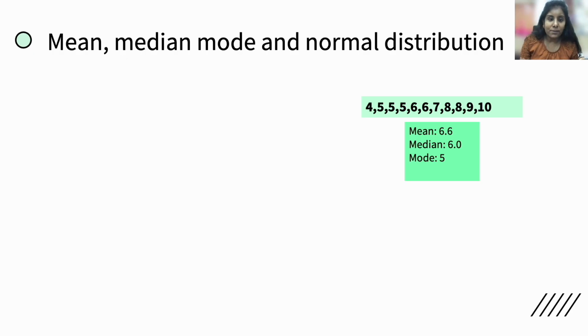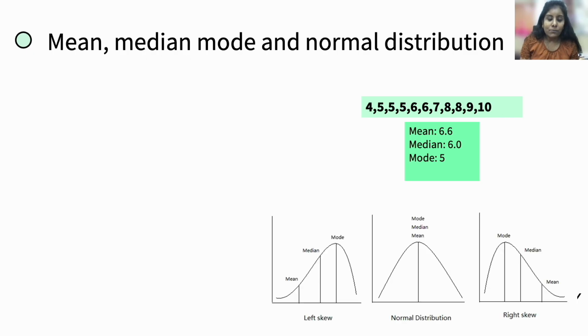Why am I telling all of these things? Well, it is important to know that in most cases we do talk in terms of means, but it's also important that sometimes you have to talk in terms of median when the data is skewed. So normally distributed data will end up where your mode, median, and mean will be the same or almost the same.